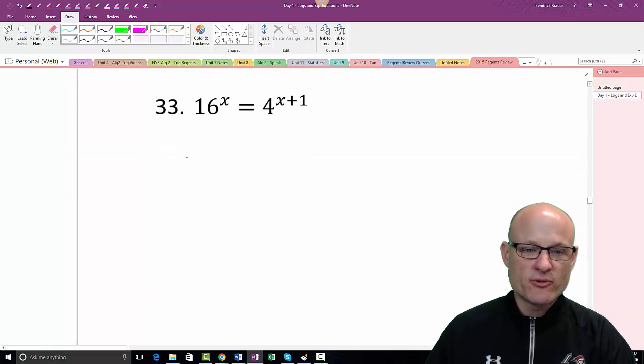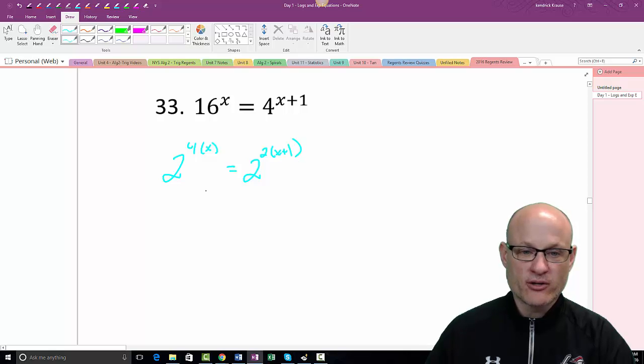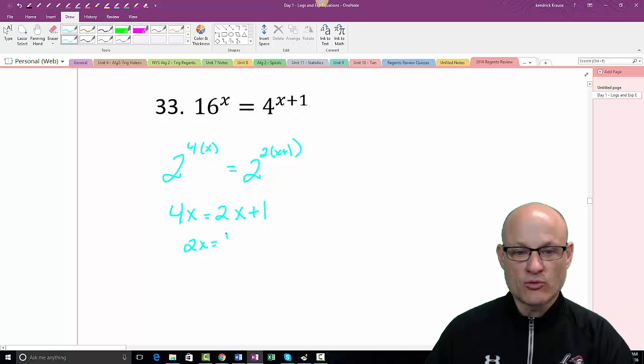All right, again, I'm going to convert this to 2 to the 4th times x equals 2 squared times x plus 1. Oh, they're going to get harder. So this becomes 4x equals 2x plus 1. Subtract 2x, I get 2x equals 1. Divide by 2, I get x equals a half.